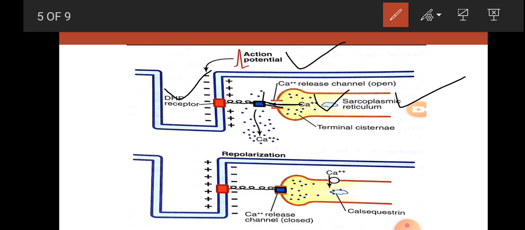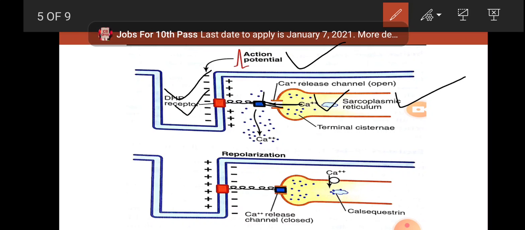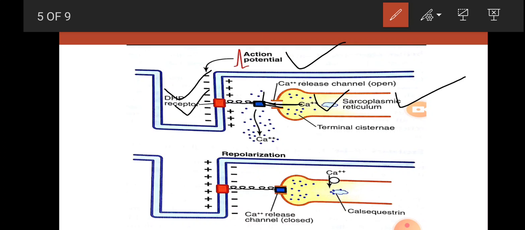As the action potential reaches the T tubules, the voltage change is sensed by dihydropyridine receptors, DHP receptors, that are linked to the calcium release channels, also called ryanodine receptor channels, in the adjacent sarcoplasmic reticular system.